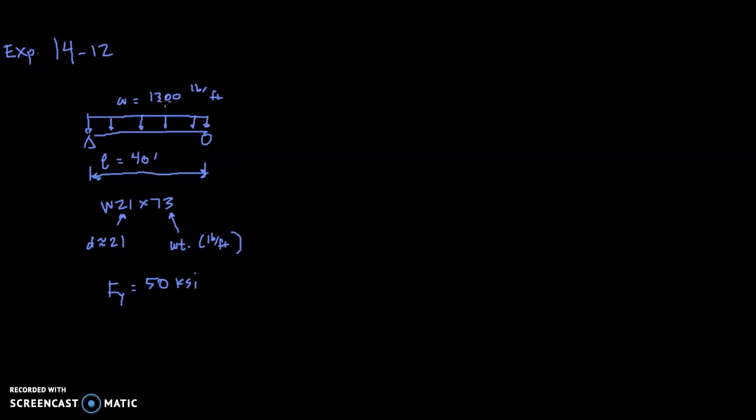So this overall weight, the W plus the self weight, is going to be the 1300 plus 73. So that's a total of 1373 pounds per foot. So we need to know what the moment is.